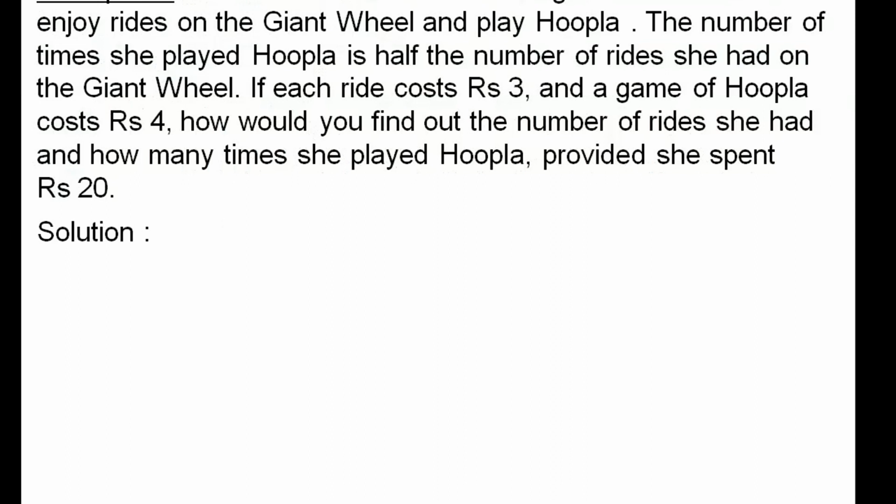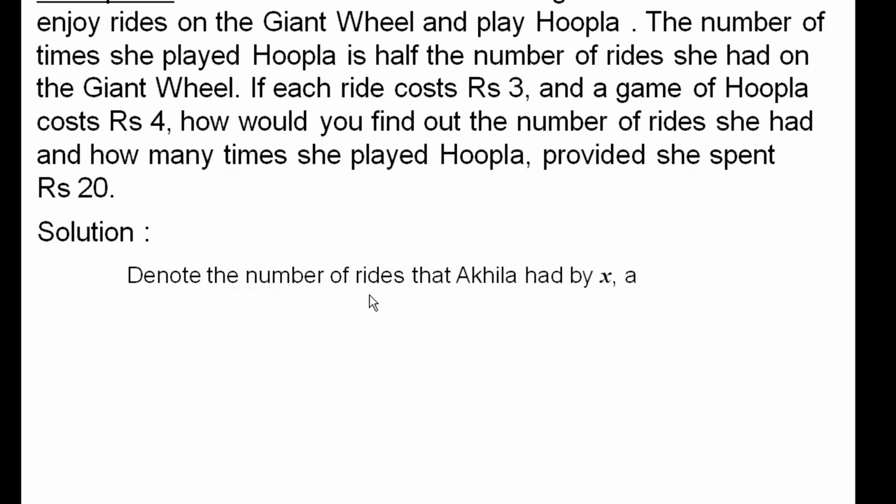For the solution, first of all, the things which are asked in this, we have to take 2 variables for those conditions. Denote the number of rides that Akhila had on the giant wheel by x, and the number of times she played hoopla by y.